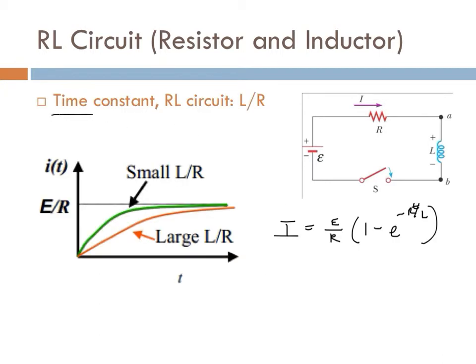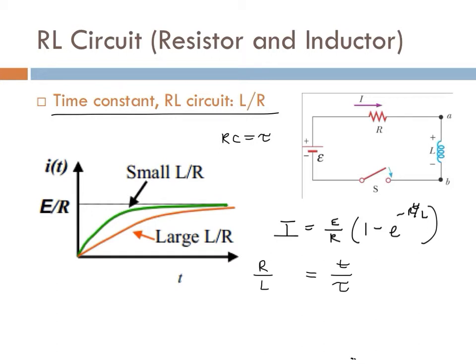So now we're going to look at the time constant. Like we said with capacitors, our time constant was equal to R times C, and this was equal to the Greek letter tau. Now we're going to do the same thing for an inductor, but now it's not going to be R over L that equals tau. It's actually going to be L over R, so that we get the same result, but we want it to say t over tau.